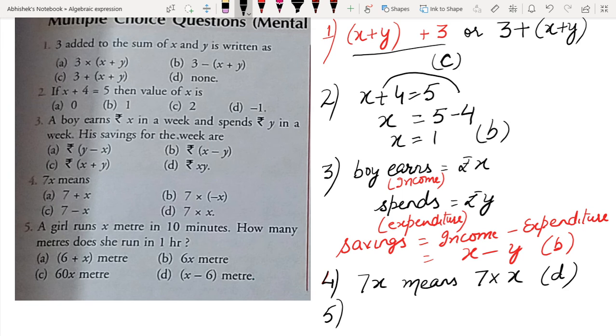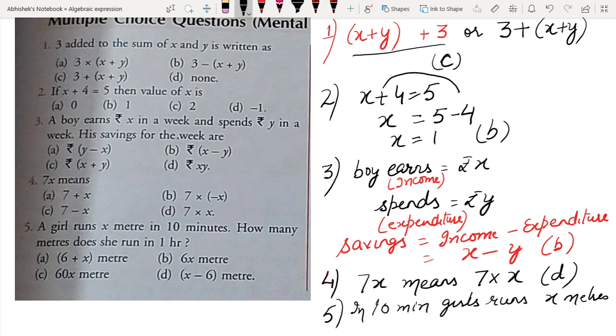A girl runs x meter in 10 minutes. How many meters does she run in 1 hour? We want to find meters, so we will take meters on the right hand side. In 10 minutes, the girl runs x meter.